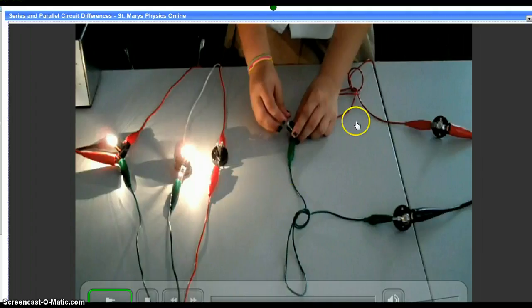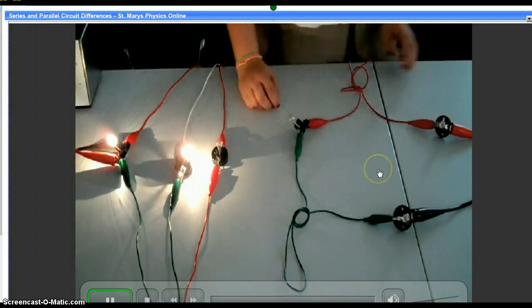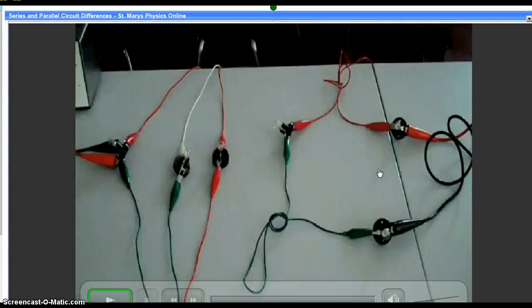Over here, that is not the case. So you should be able to figure out, let's call this one here, we'll call this circuit A, circuit B. Circuit A is parallel while the other circuit is series. Alright, so you should be able to identify which is which here.